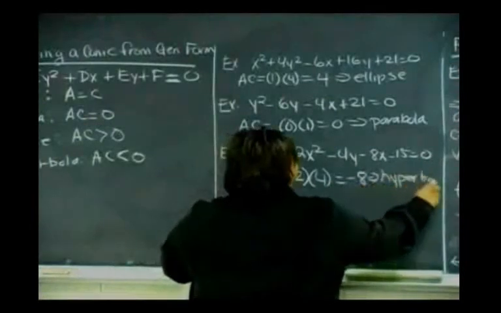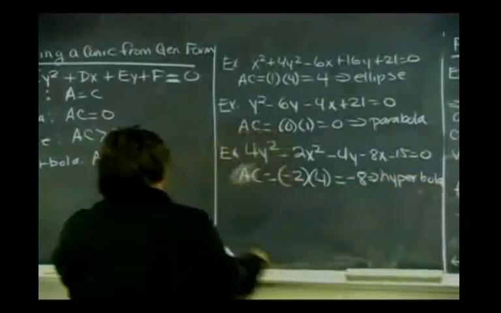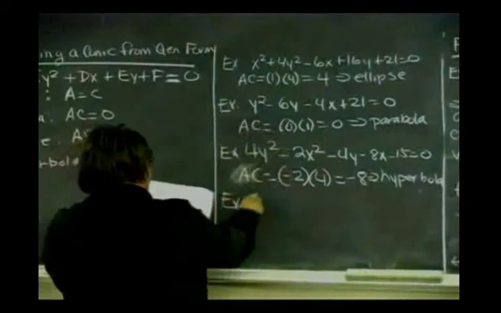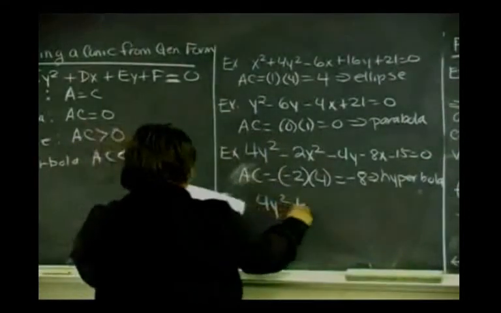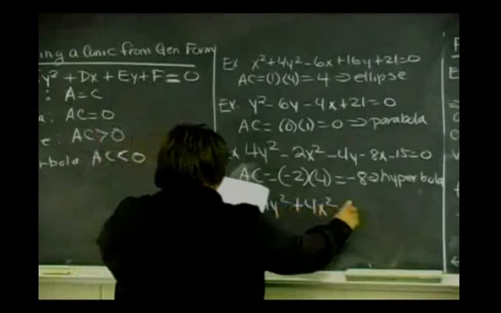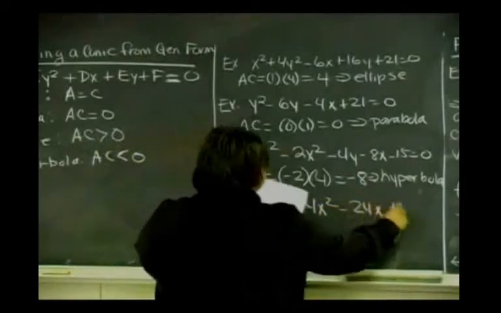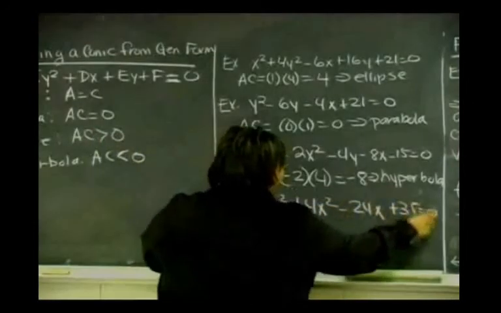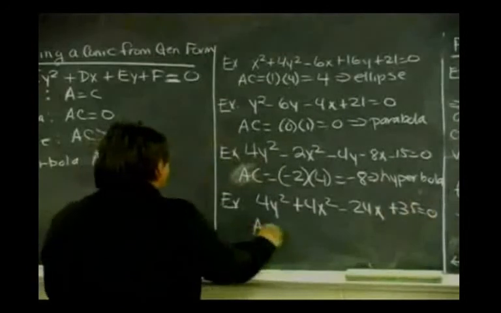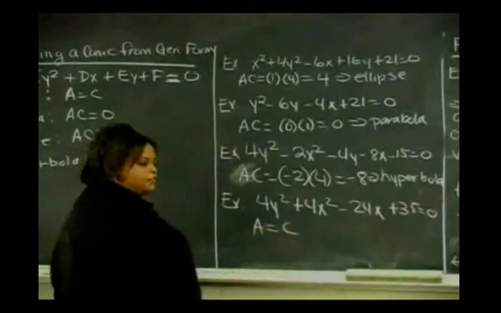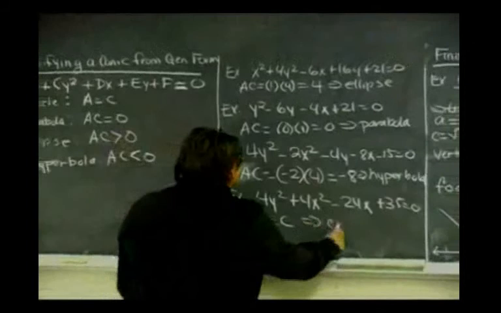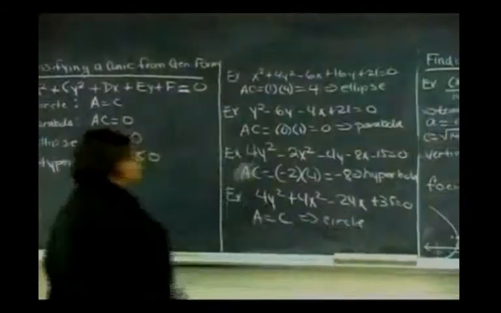Hyperbola. Last example, 4y squared plus 4x squared minus 24x plus 35 equals 0. Here, A equals C, right? So what do I have? Circle.